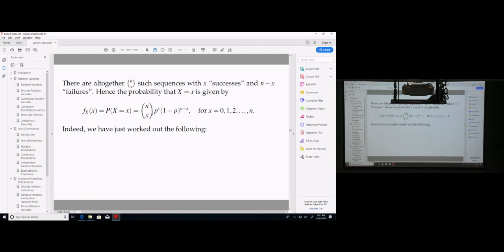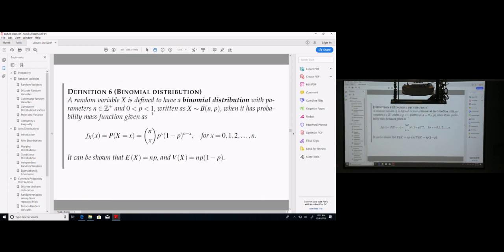The x factorial in the denominator is to discount the fact that all my successes are not distinguishable, and then n minus x factorial is to discount the fact that all the failures are not distinguishable, no matter what the positions are relative to one another.